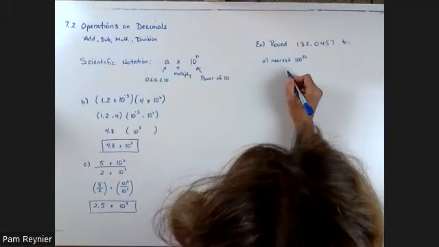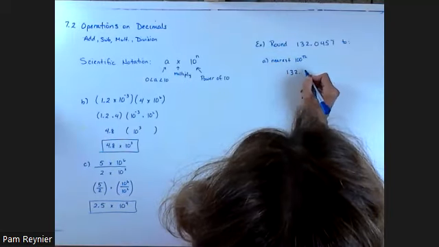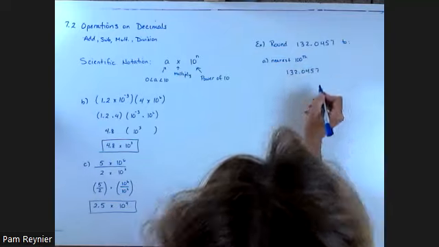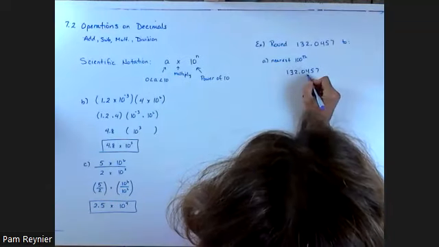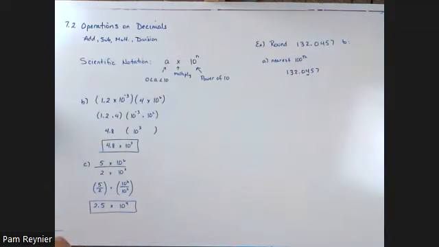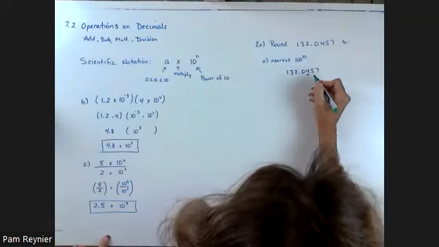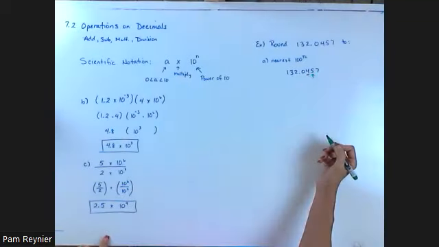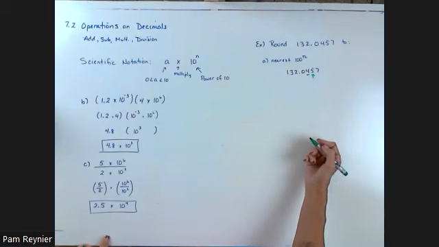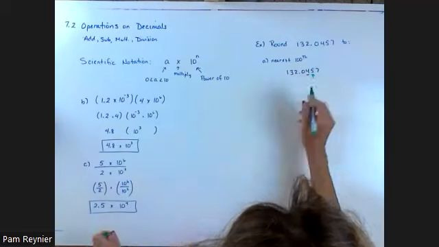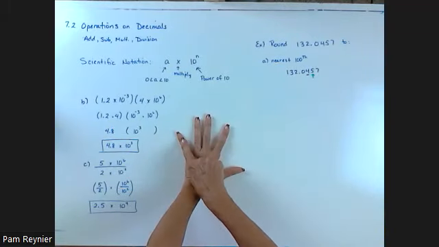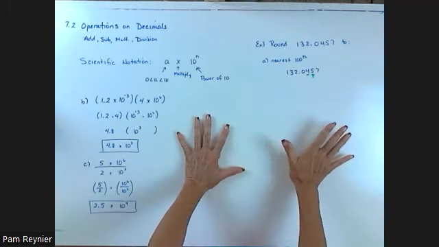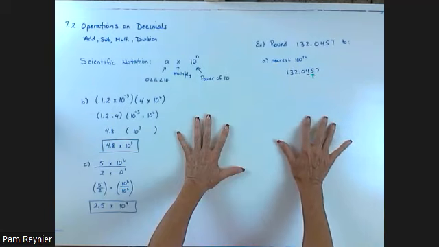All right, I'm going to write this number down again. 132.0457. So what we need to do is find our hundredths column. Well, our hundredths is the number 4. And then look at the next number. If the number to the right of it is 5 or greater, then the 4 rounds up. Because remember, we have 10 digits, right? 0, 1, 2, 3, 4, 5, 6, 7, 8, 9.